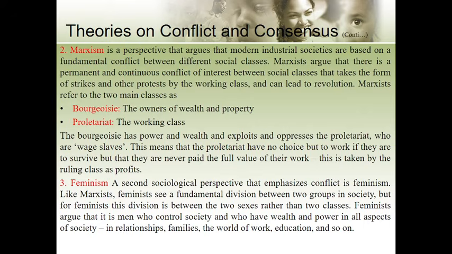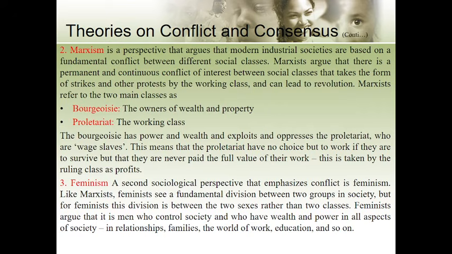From the point of view of Marxism, there are basically two main classes in society. The first one is the bourgeoisie. The term is difficult to pronounce, but the meaning is the owners of wealth and property, while the other term is proletariat, the working class.